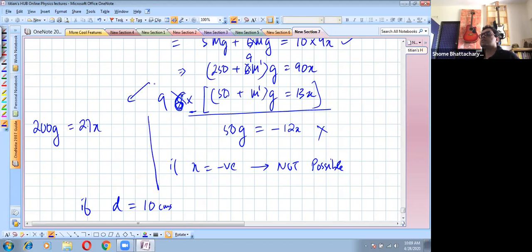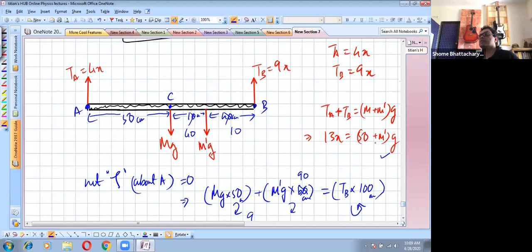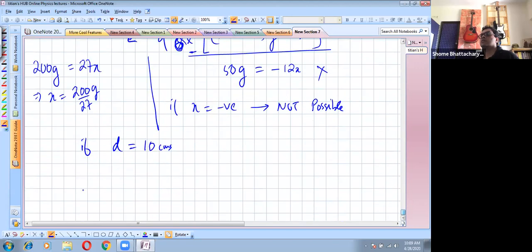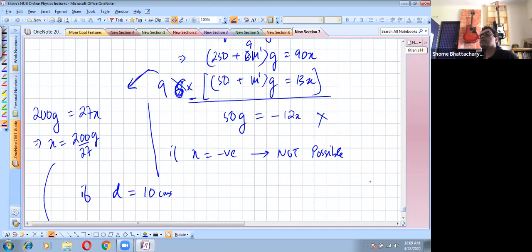So this will give us the correct value. So x is equal to 200g by 27. So going back to this, now m prime will come in terms of this. So from this now, we have this relation.